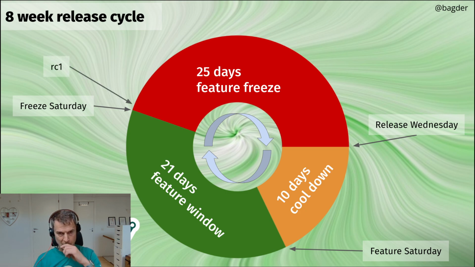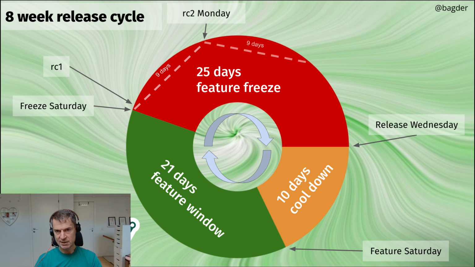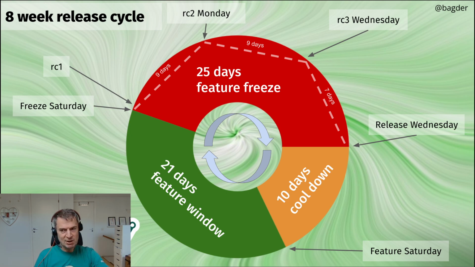But since the previous release cycle, we have introduced the RC1 that happens on the freeze Saturday. We have 9 days and then an RC2 Monday, 9 days and RC3 Wednesday, which is then exactly 1 week before we do the release. So we have complicated the release cycle a little bit, or we have completed it with release candidate releases. They are intended to help us find regressions and fix bugs before they end up in a release.